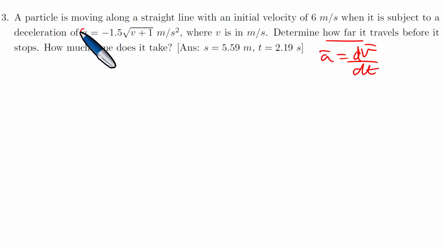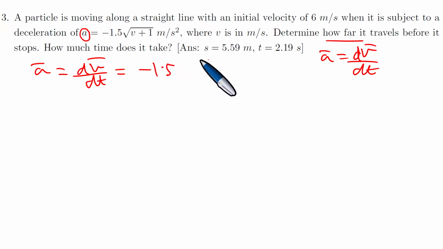So this is an acceleration equation. Which means that if this is an acceleration equation, it is a, which is dv/dt, which is minus 1.5 times the square root of v plus 1. Okay, I'm trying to get to the bottom of why that was the case.